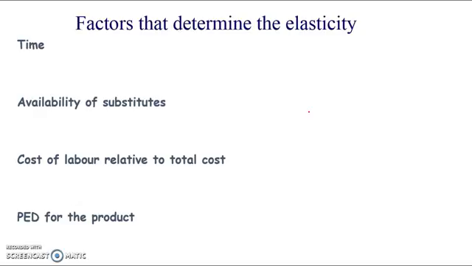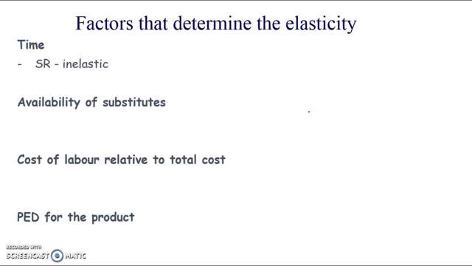So time. It follows the normal trend that we'd expect, that in the short run most products are inelastic because we can't really change our buying habits, or in this case, because we're looking at the labour market, we're looking at firms' production methods.